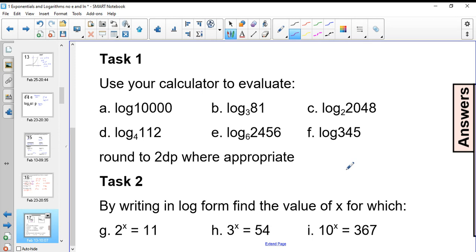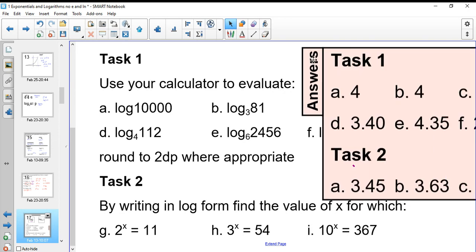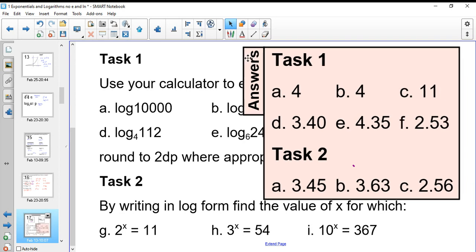So pause the video and please work through both of those tasks, and I'll show the answers in a second. Okay, here are the answers. So if you can check those.